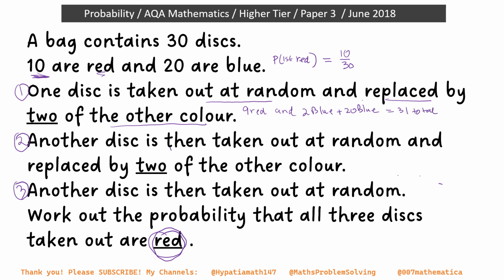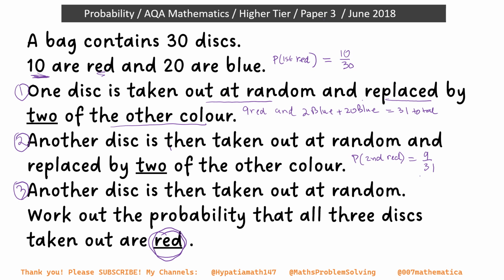So now we go to step 2. For step 2 we again have to do P second red. Now there are 9 red, so it's 9 out of 31 total. And then again the replacement happens.